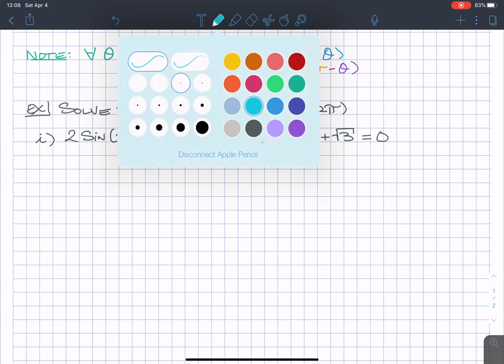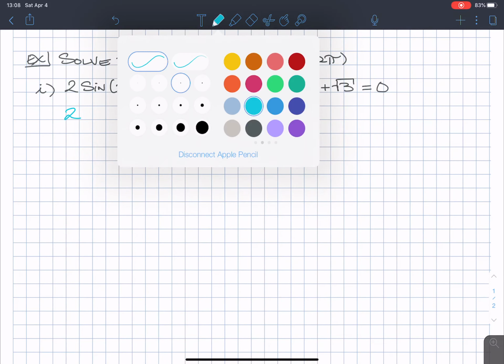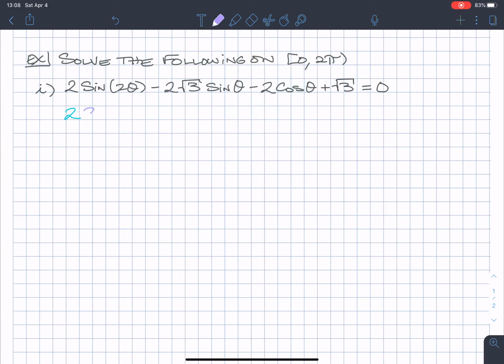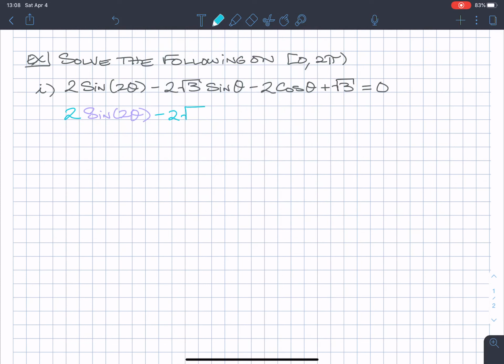Okay, so let me rewrite this first, and then I will use my double angle formula for sine. So minus 2 root 3 sine theta minus 2 cosine theta plus root 3 is equal to 0.